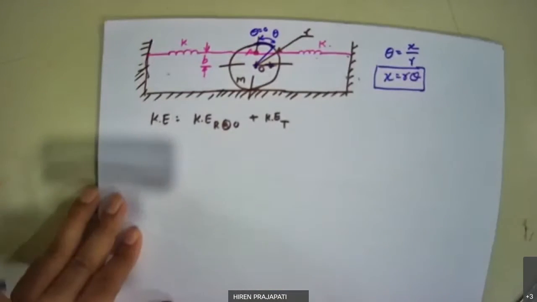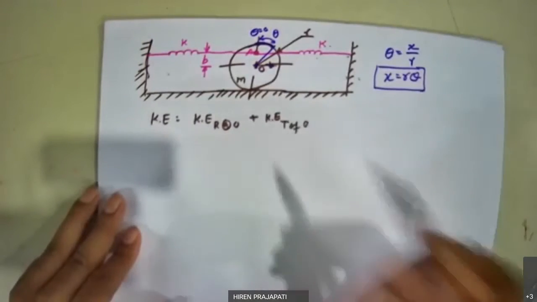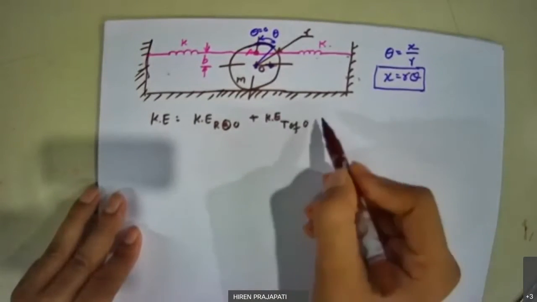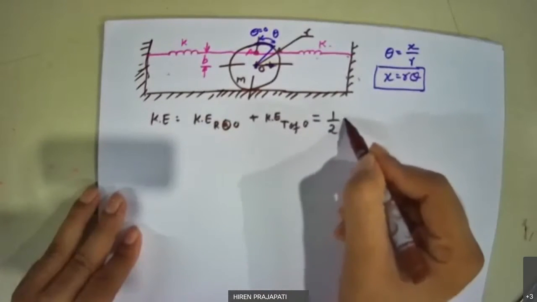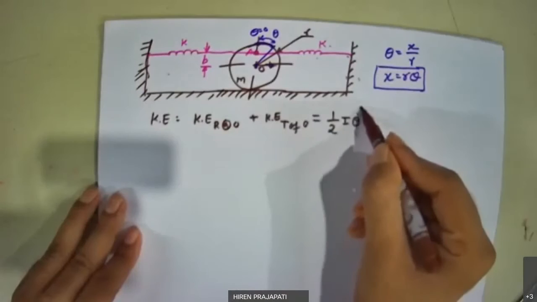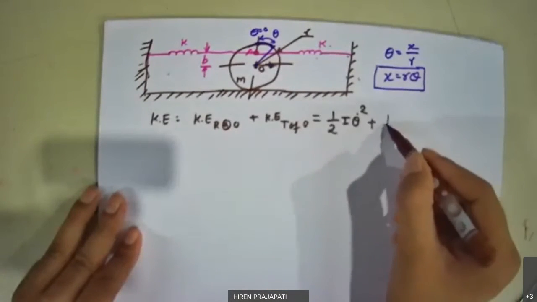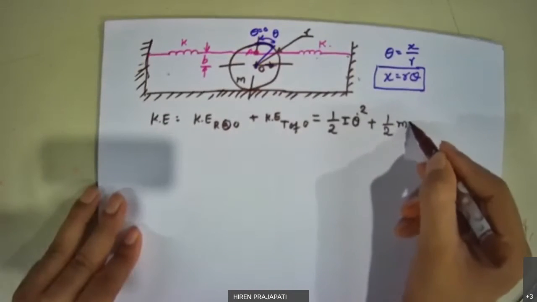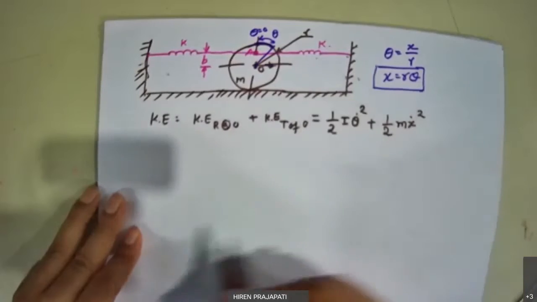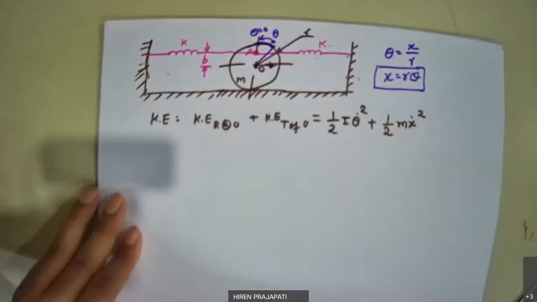So this is the translation kinetic energy of point O. Let us now write the kinetic energy equation. So 1/2 I theta dot square, because theta angle is given. For linear energy, I write 1/2 m x dot square. I hope this is clear, right? So this is the kinetic energy of the system.